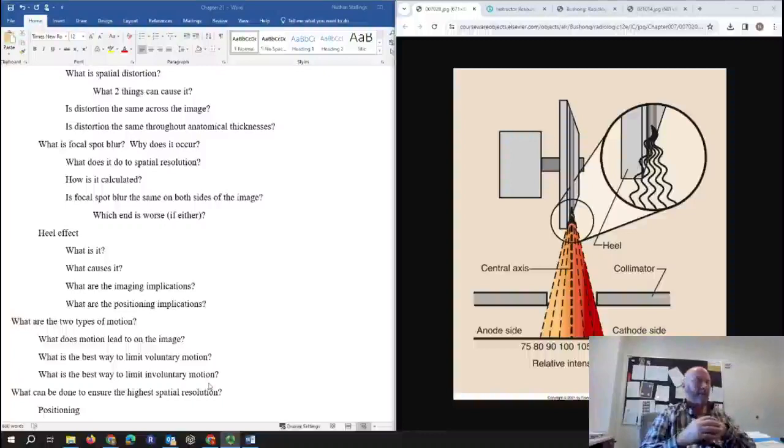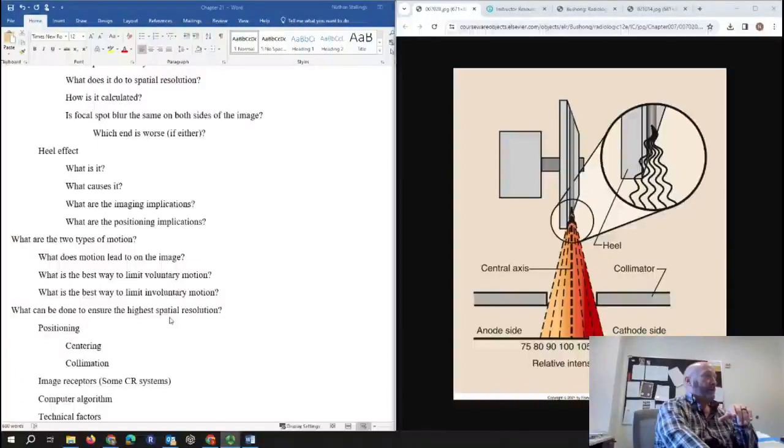But since kVp really doesn't affect contrast the way it used to, there's no reason that you can't use kVp to control motion as well. The one downside, and again this is theoretical because you may never see it, is that if you increase your kVp and that pushes your time down low enough, you very well may introduce quantum mottle because your exposure gets so low.